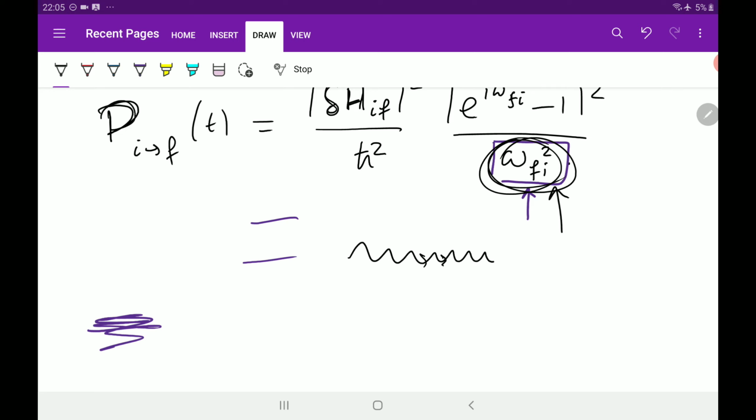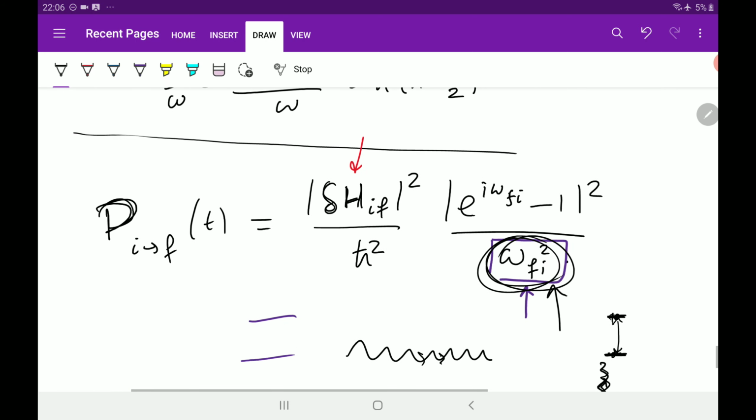This is pretty much a photon coming in and exciting an electron. The incoming photon must have a frequency whose associated energy matches the energy level difference.